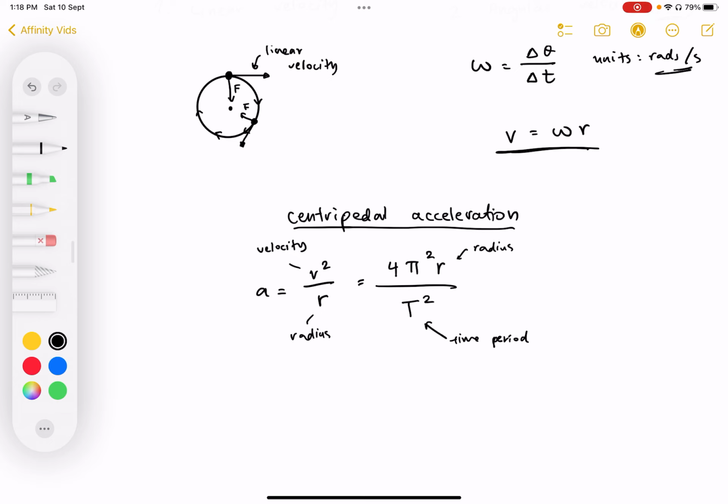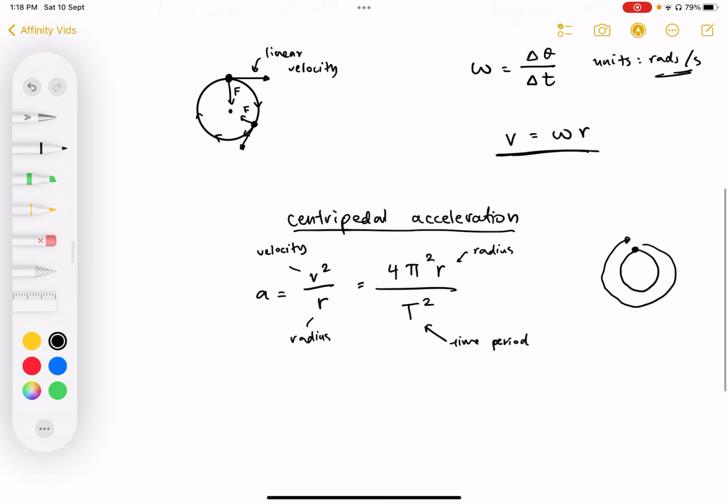And so just to remind everyone what the time period is, it's the time it takes for the object to complete one full revolution around their path, or basically if they can move one whole circle, the time it takes for that is their time period, quite similar to when we talk about waves. And because we know that our force, as we said over here, is always towards the center of the circular path, our direction of acceleration is also always going to be towards the center of the circular path.